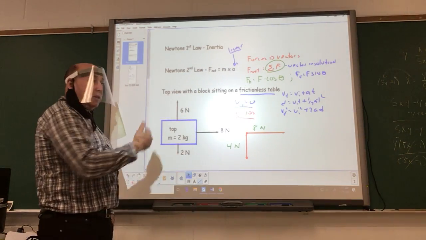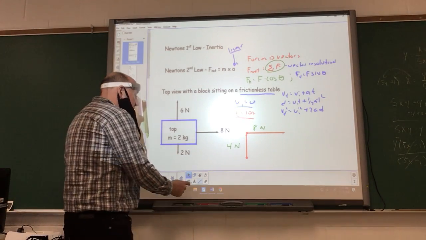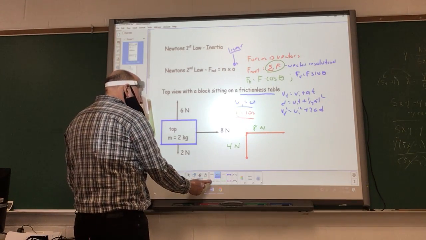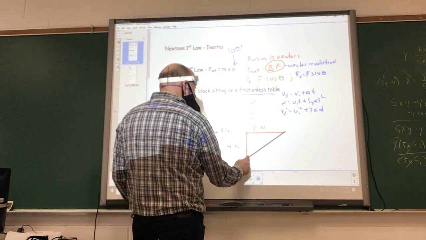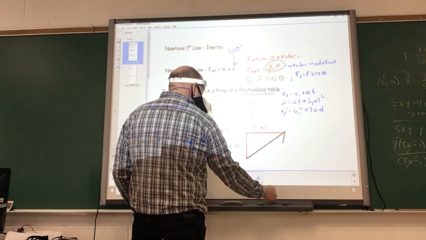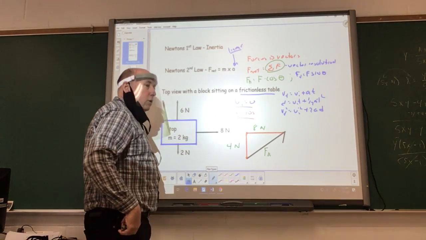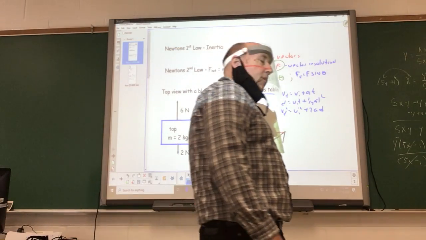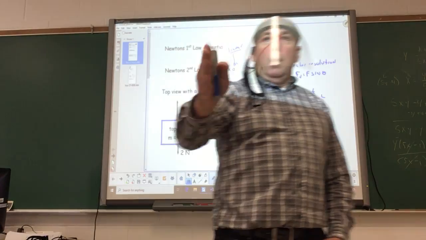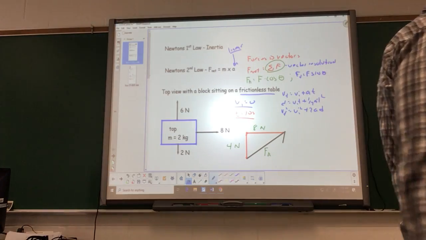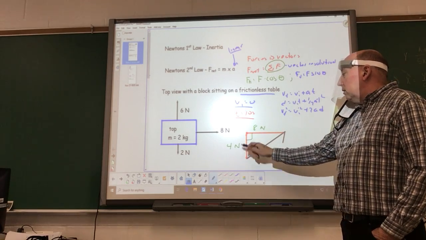I want to take the sum, which means I need to find the resultant vector. So we have to find our force resultant. This one's sort of nice because I'm just going up and down, left and right. If I'm going up and down, left and right, I got my good old buddy Pythagoras.